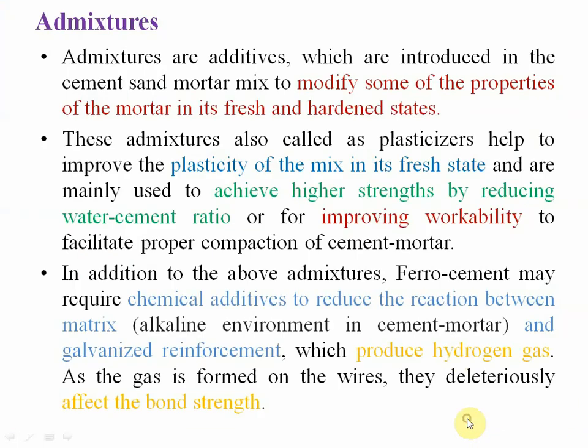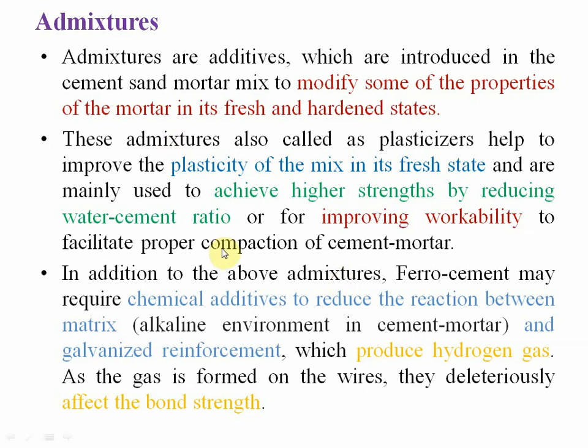These admixtures, also called plasticizers, help to improve the plasticity of the mix in its fresh state, and are mainly used to achieve higher strength by reducing the water cement ratio.